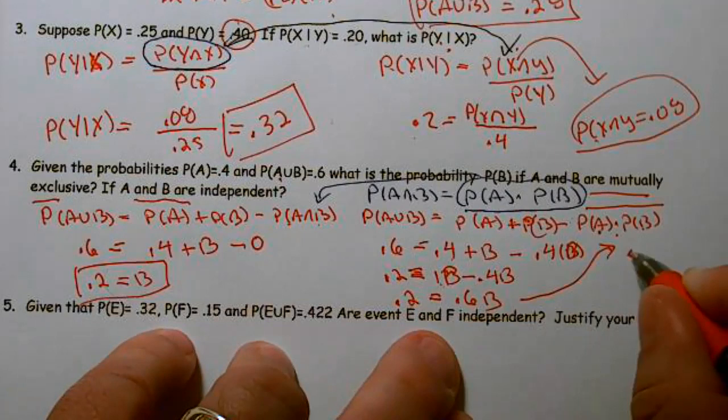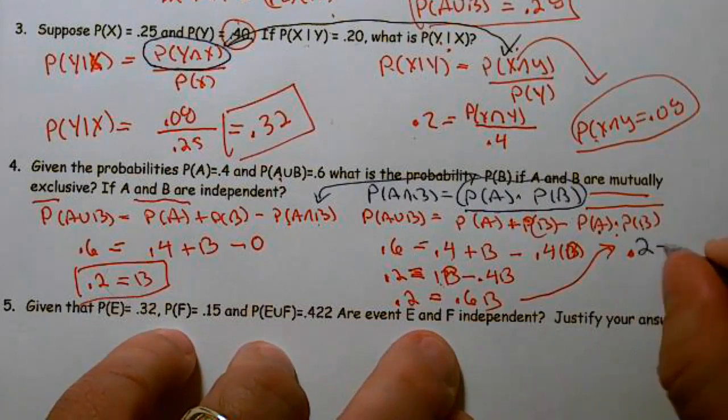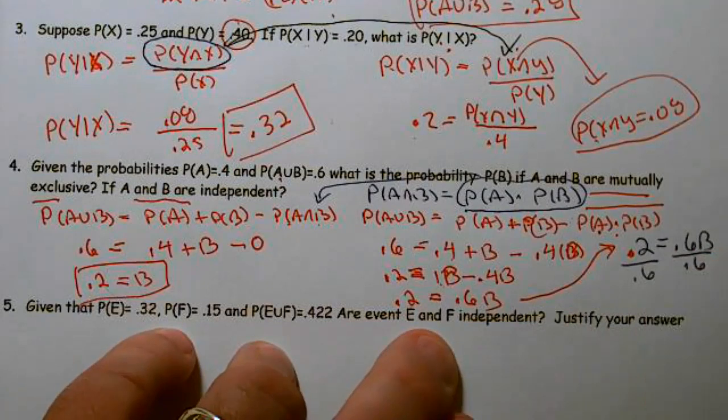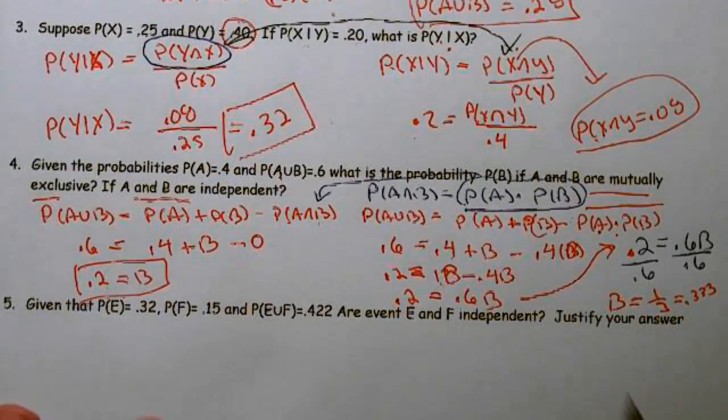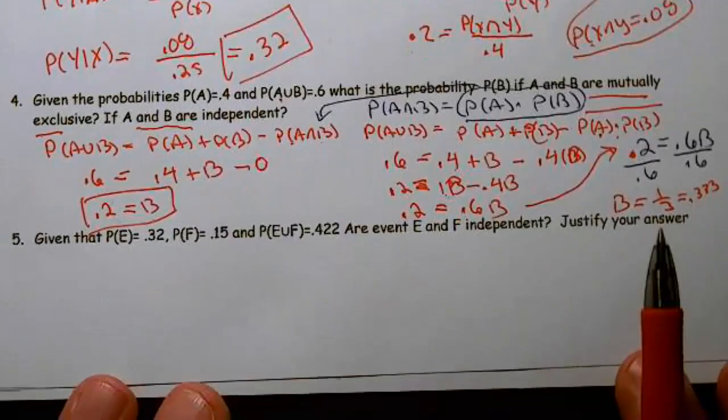So 0.2 equals 0.6B. Divide both sides by 0.6. And B equals 1/3 or 0.333 if you prefer. Okay? Hard problem, practice it. You can do it. I know you can, but you're going to have to practice it.